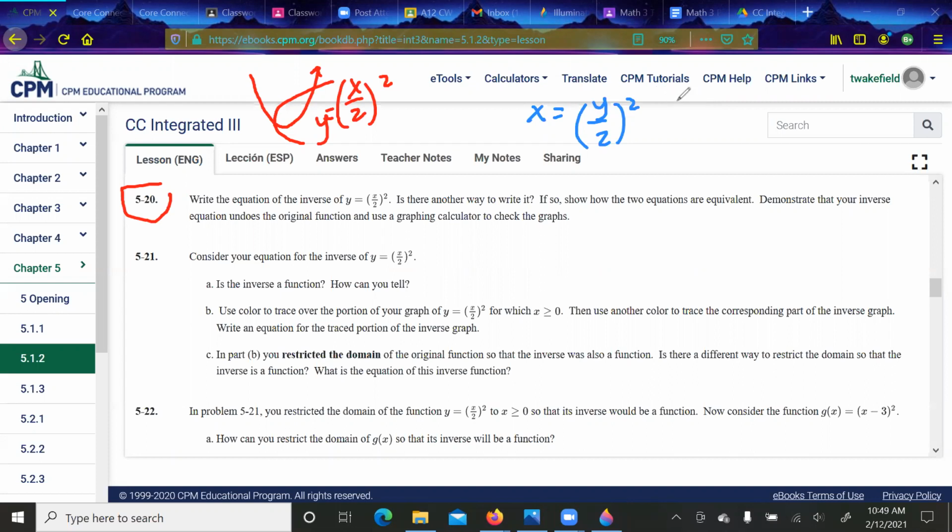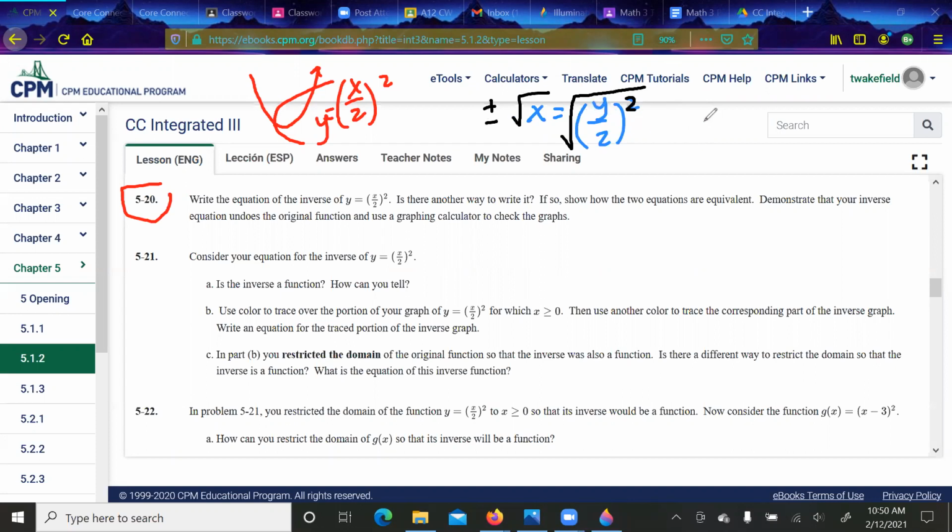Or we can undo all this. We want to actually solve this for y. To undo this, what should we undo first? We should take the square root to undo this squared, right? If I take the square root of this side, I want to put plus and minus when I take the square root over here.